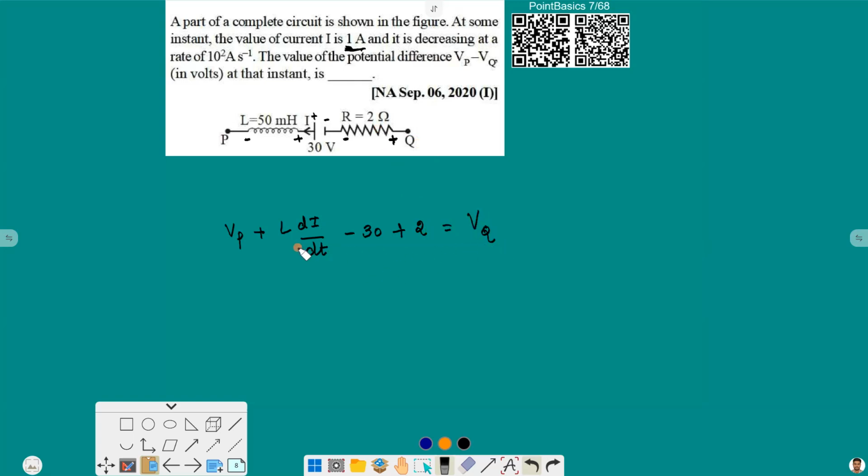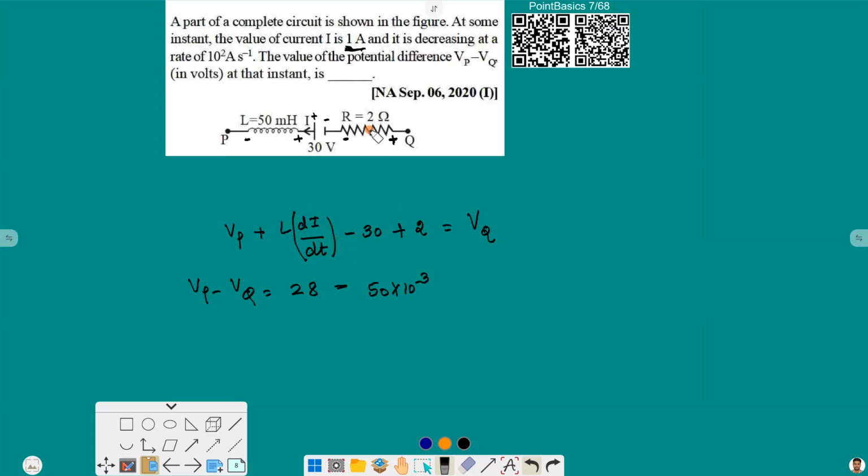And we have to find Vp minus Vq. So Vp minus Vq will be, this is minus 28, so from this side it will be plus 28, minus L, where the value of L is 50 millihenry, into di by dt.